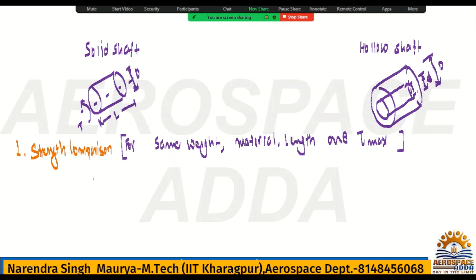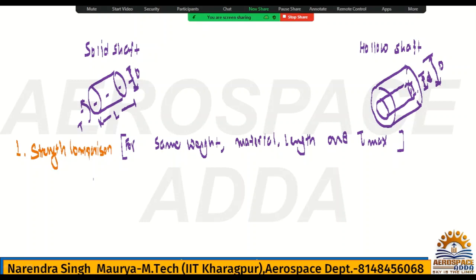So what is the strength? If you talk about strength, it is related to the torque. If you are doing a strength comparison, it means you are talking about the torque, I mean up to what maximum torque the shaft can sustain, that twisting moment. That's the meaning of it.